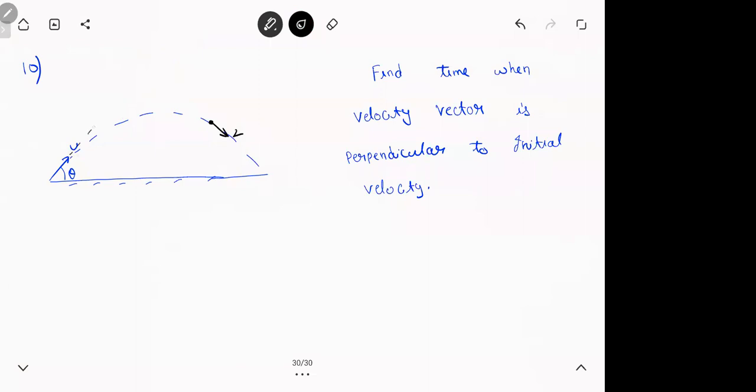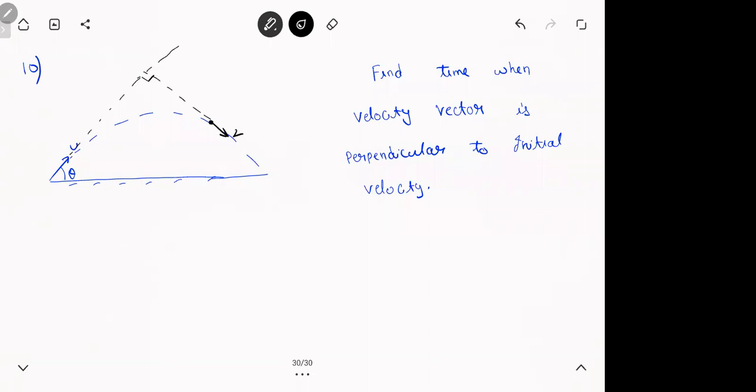When you extend the initial velocity and the final velocity, you will observe they become perpendicular. What is this time? Hope you got the diagram, what I'm asking. So velocity after time t should be perpendicular to initial velocity u bar.